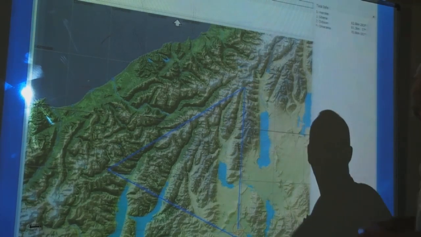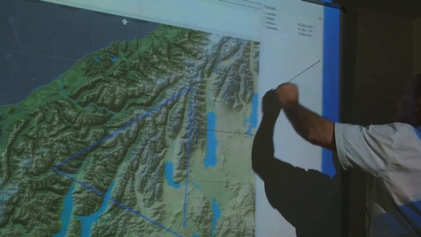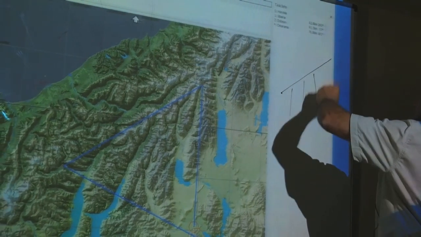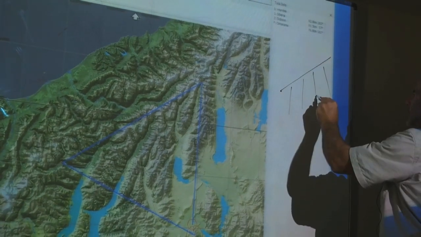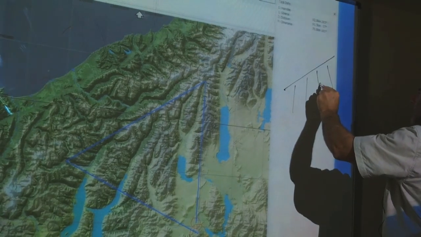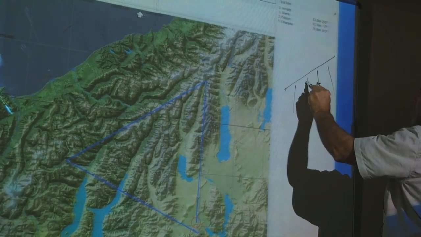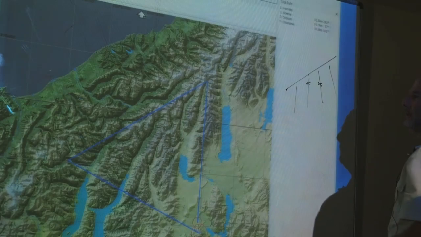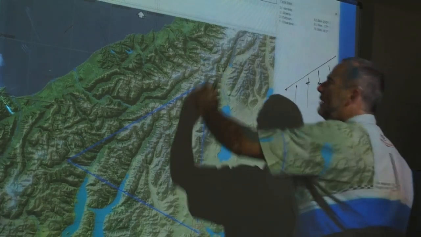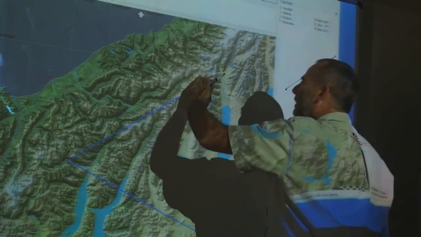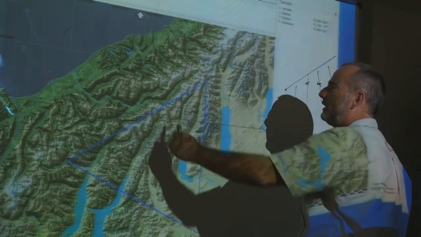because of the fundamental shape of the country, which is the divide goes that way and the finger ridges come off it like that, as you work your way up to the finger ridges, if you're here or here, this is a little closer to the divide. As we come up and up and up, we're getting closer to the divide and probably in cleaner and cleaner air.